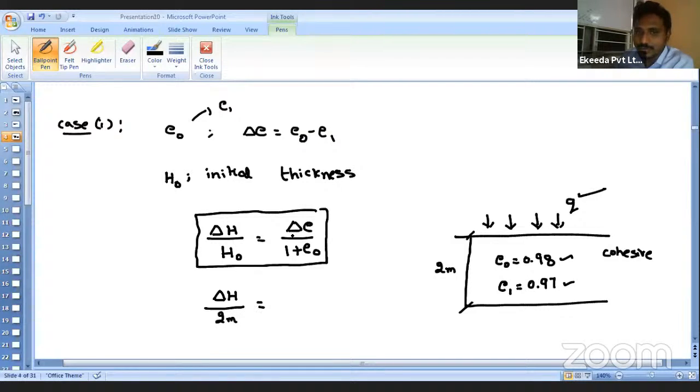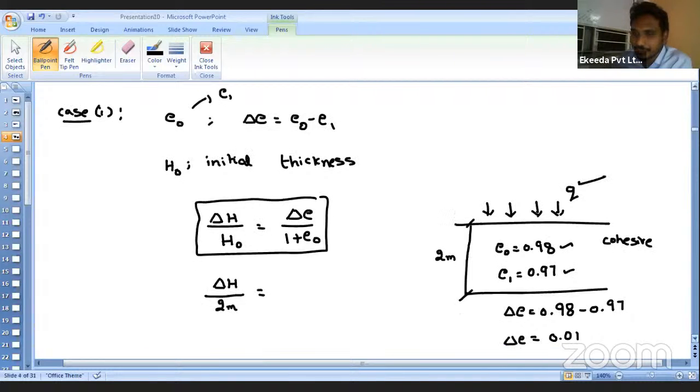That will be equal to the change in void ratio. Initially 0.98, after that 0.97. So the change in void ratio is 0.98 minus 0.97, which is 0.01.